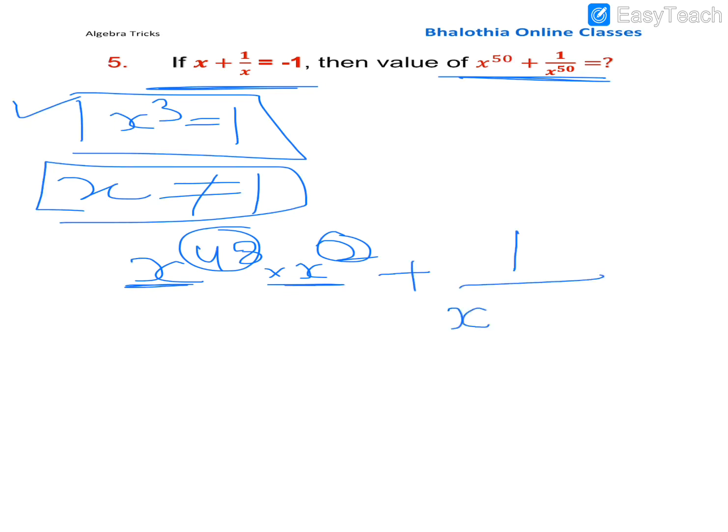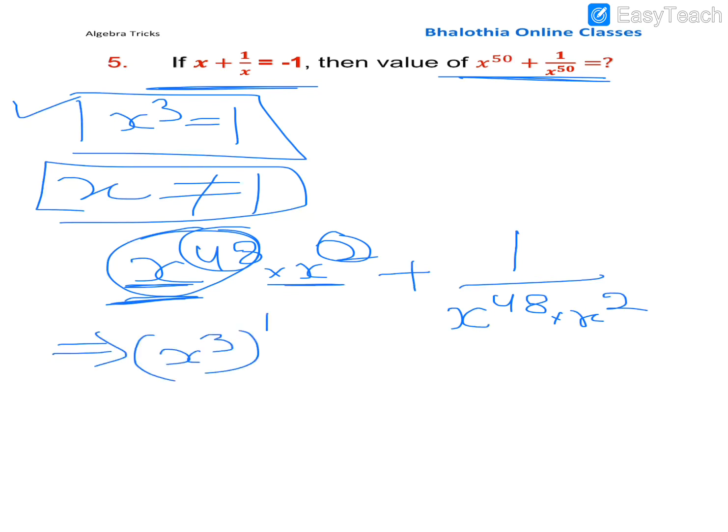Here as well, x raised to the power 48 and then x raised to the power 2. How can we write 48? We can write x raised to the power 3, and then raised to the power 16, into x square, plus 1 upon x raised to the power 3 to the 16 into x square. See, x raised to the power 3 equals 1, right?